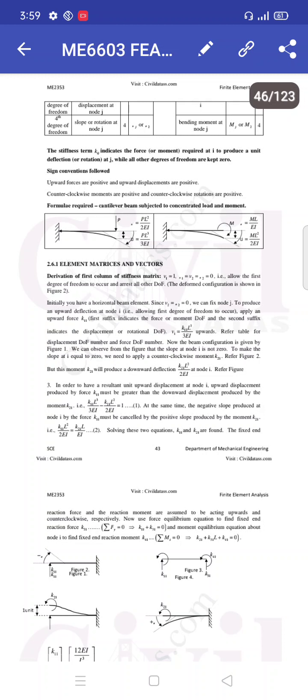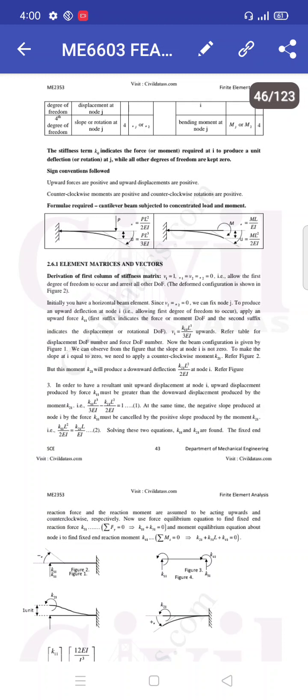That is ML square by 2EI at node I. In order to have a resultant, we need upward displacement at node I. Upward displacement produced by the force must be greater than downward displacement produced by the moment. So KL cube by 3EI minus KL square by 2EI is equal to 1.